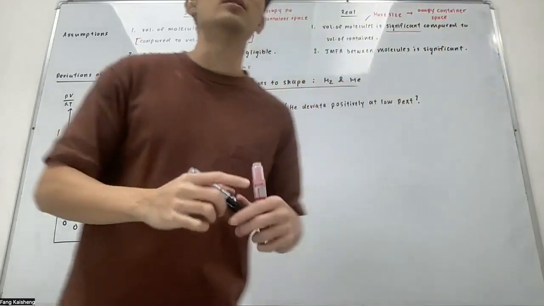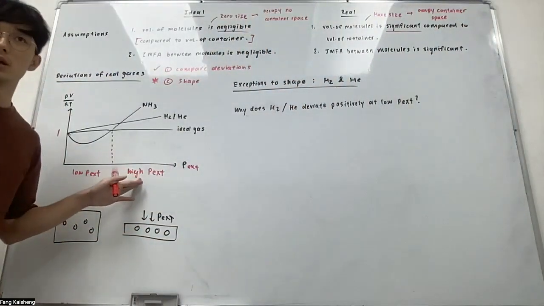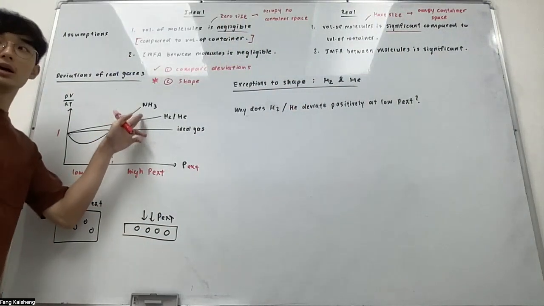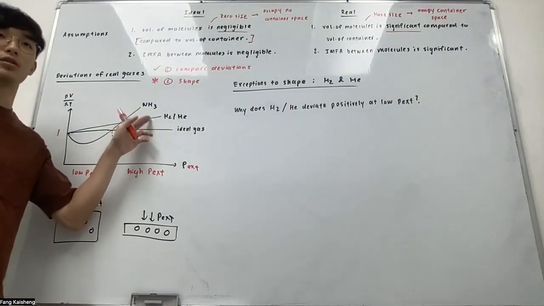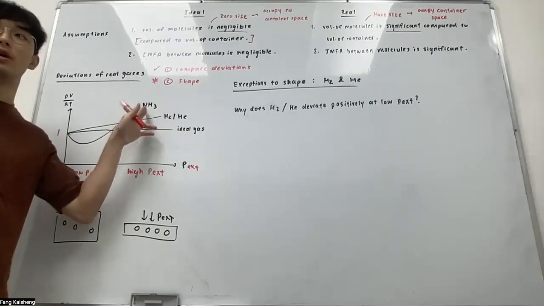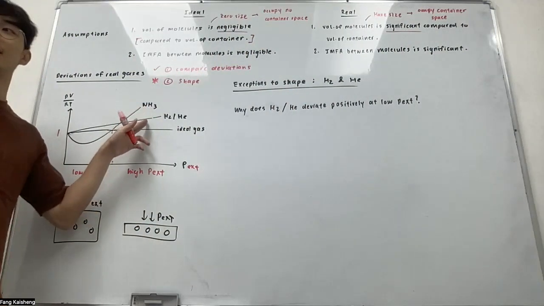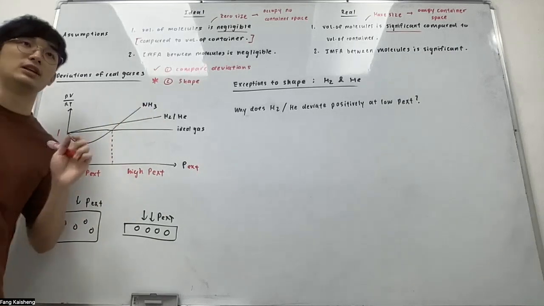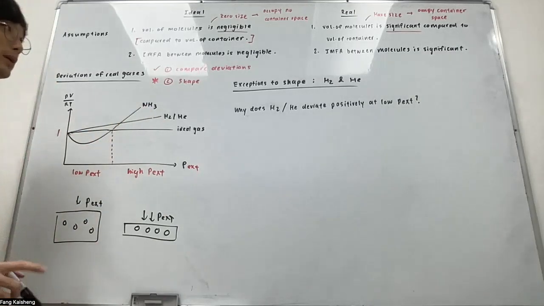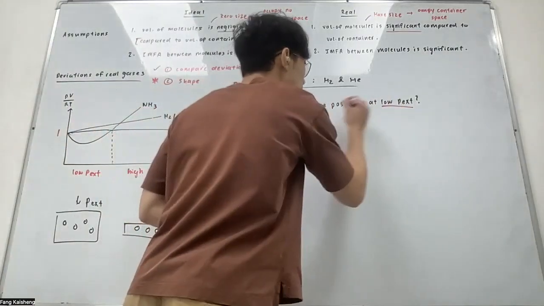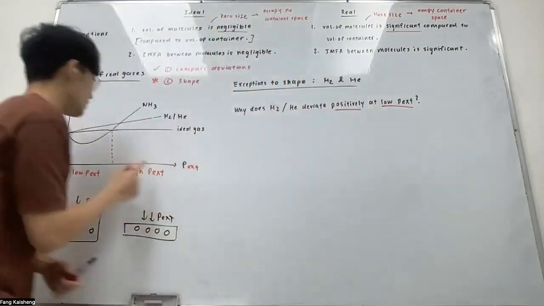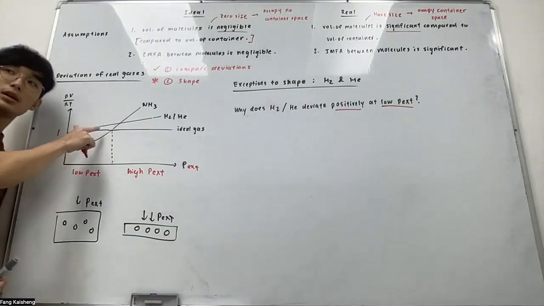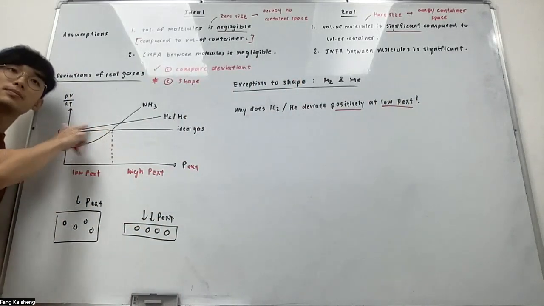You notice that at high external pressure, both of them are deviating positively. I don't really have to explain this because it's true for all gases. All gases at high external pressure will be positively deviated. The only thing we need to explain is why, at low external pressure, these two must deviate positively. For a normal gas, it should be negative, but why is it positive here?